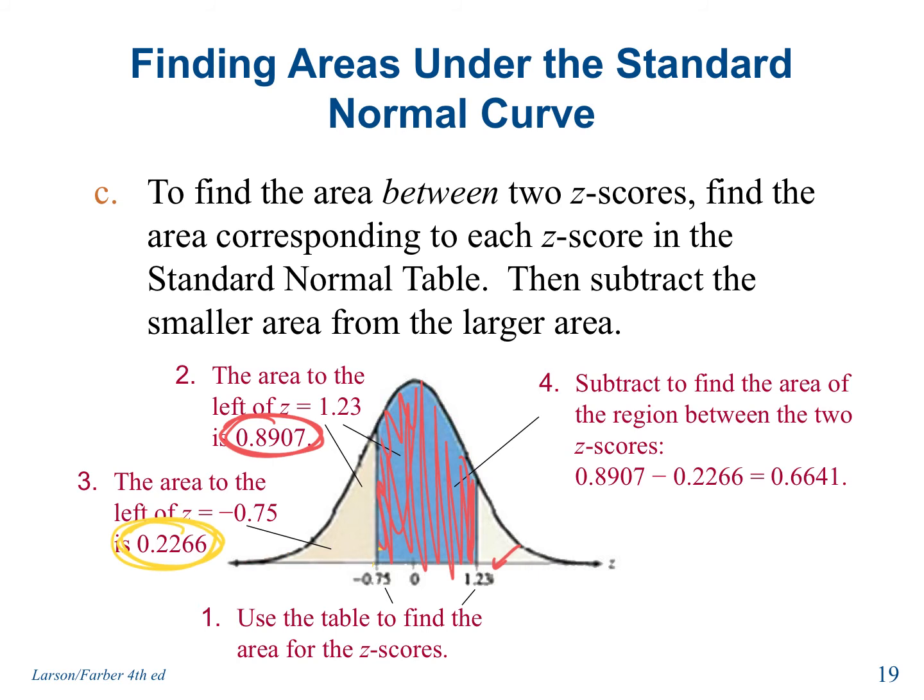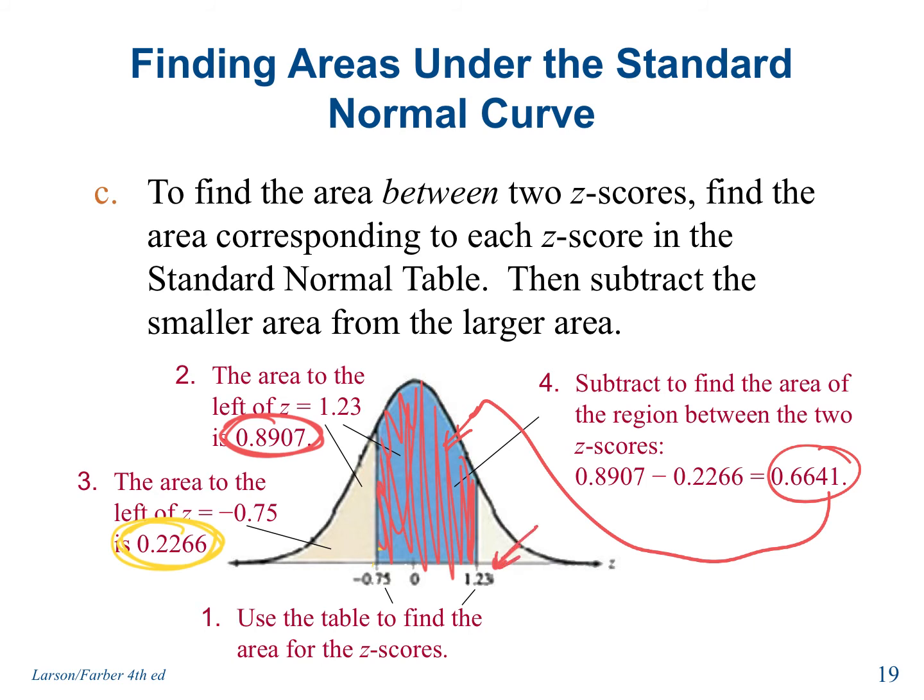We end up with the area in the blue shaded region. So when we subtract those two, we get an area of 0.6641. So the cumulative area between a z-score of negative 0.75 and 1.23 is 0.6641.